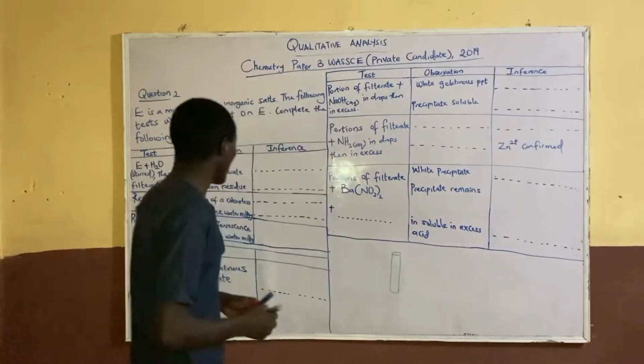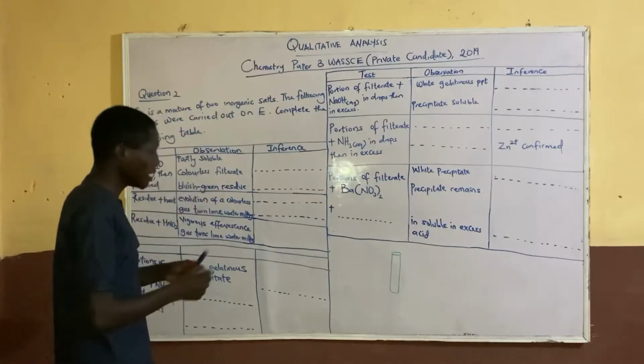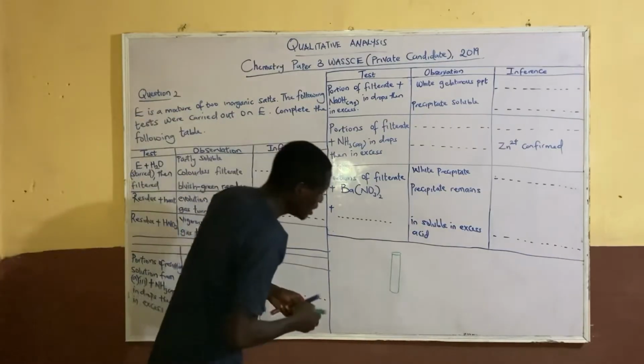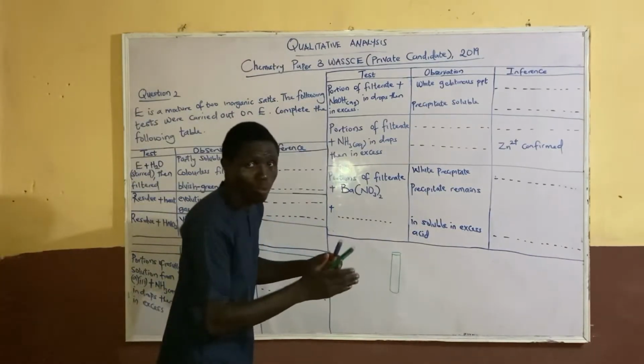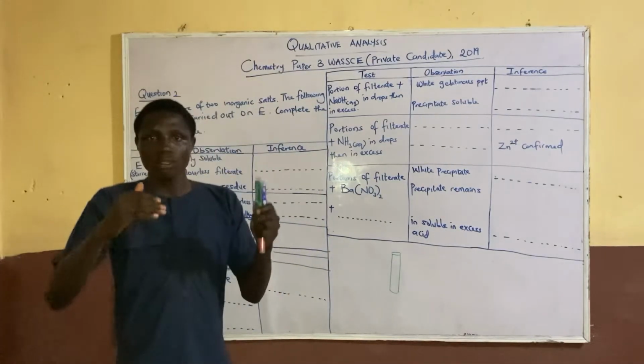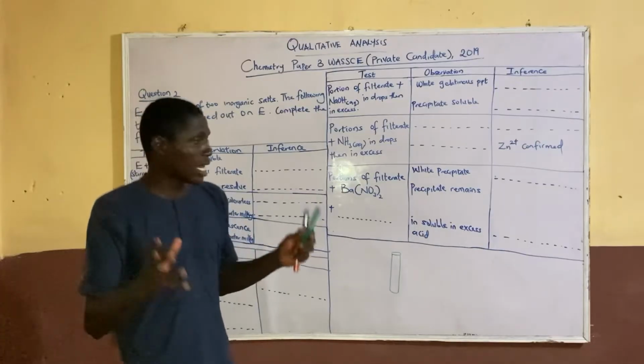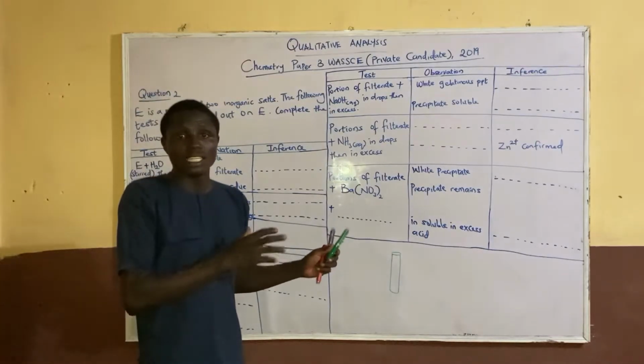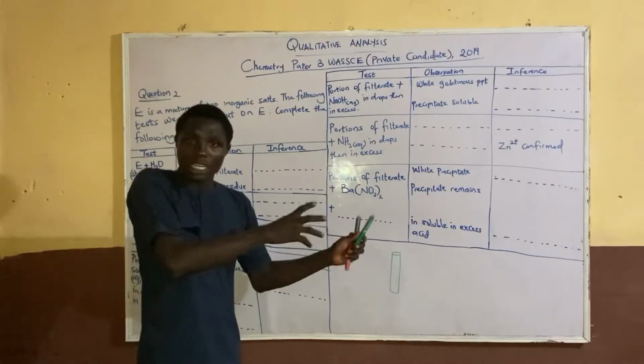So when you have a partly soluble substance, it will contain two portions, two layers: the filtrate and the residue.